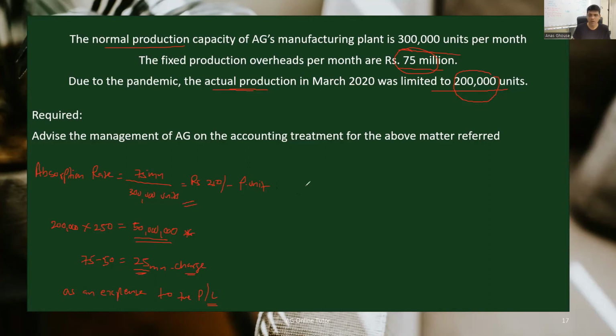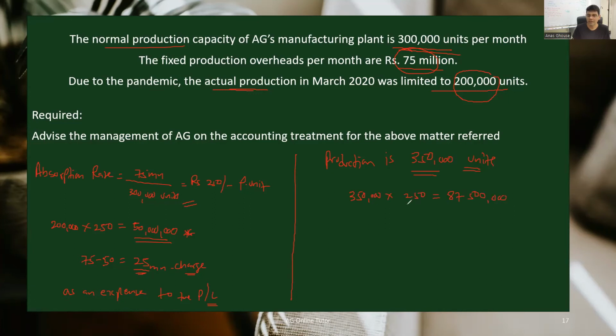Now let's take another scenario. Let's say the production is 350,000 units. So the normal capacity is 300,000 units, but actual production is 350,000 units. In such a situation, you can't allocate 350,000 units times 250, which is going to be 87,500,000.